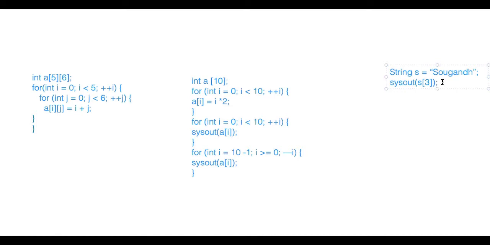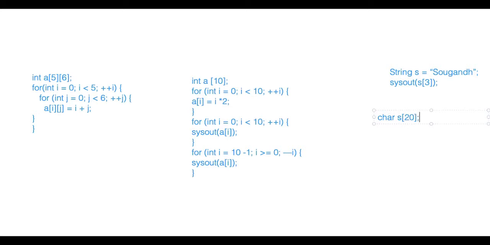So this is basically all about strings. A string is also an array, but we can define it like this, or we can also define a string like this. Since a string is an array of characters, we can say string s of, suppose, 20.